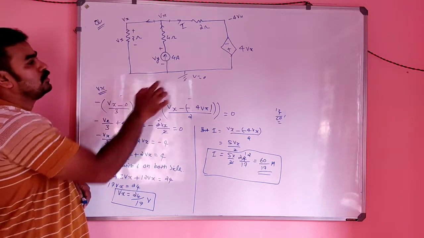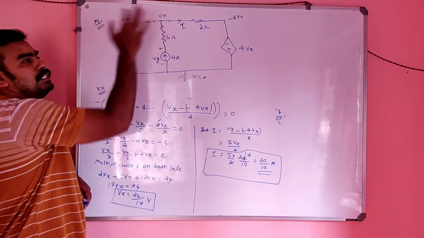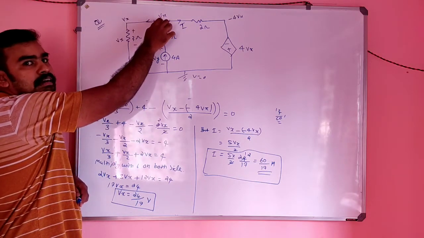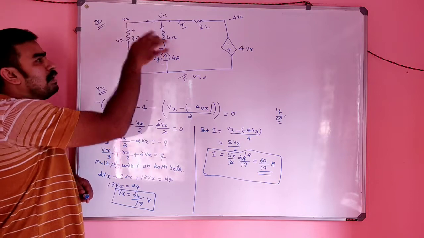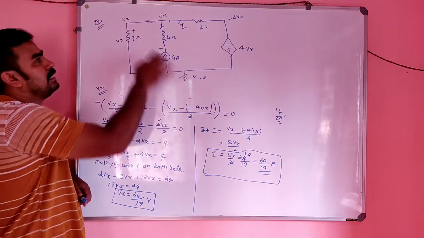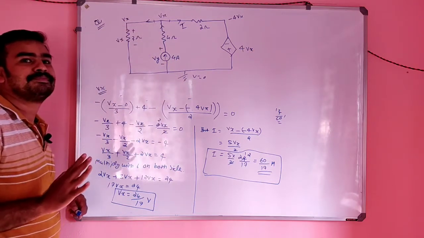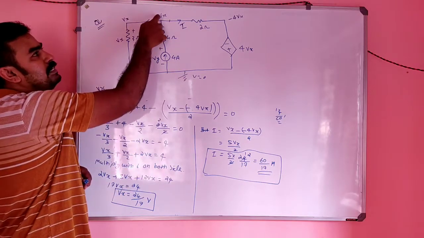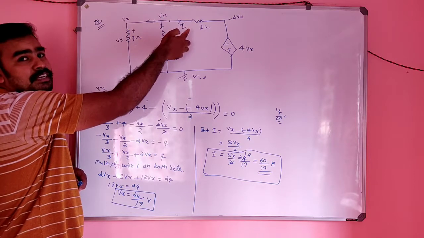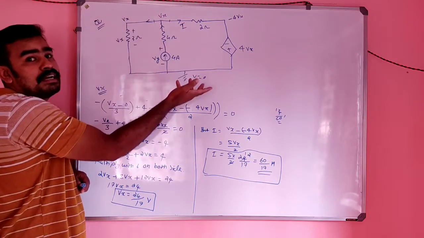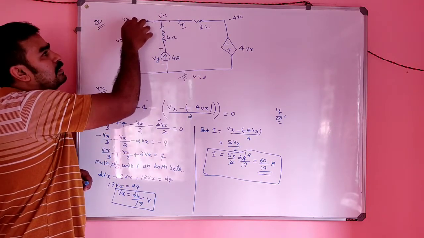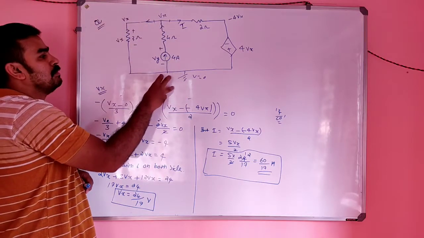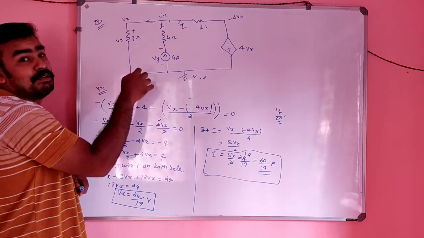The convention is the voltage where the current starts, minus the voltage where it ends, divided by the resistance in between. If you start from 0 minus Vx, the current should be in reverse manner, emerging from 0, and that will be the assumption.